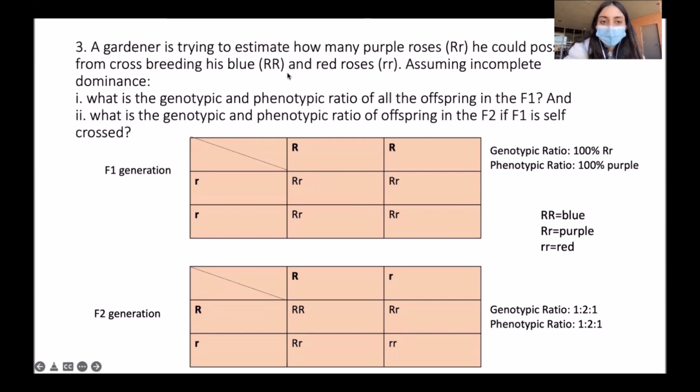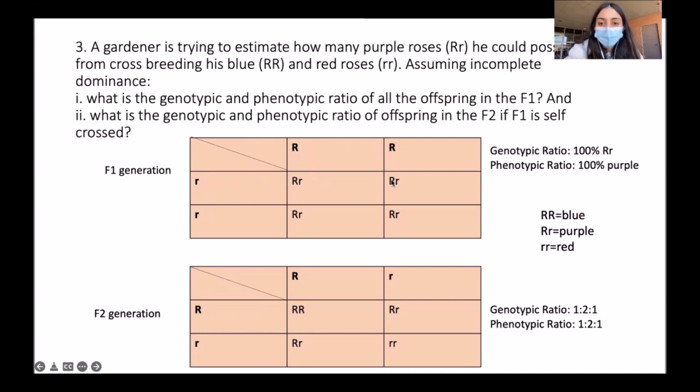So for that, we know one of our parents is big R, big R. So we're gonna put big R here in our Punnett square. And then we have little r, little r. So we're gonna put little r, and then to cross them, we're just gonna do big R, little r, and put it here. And then we're gonna do big R, little r, put it here.